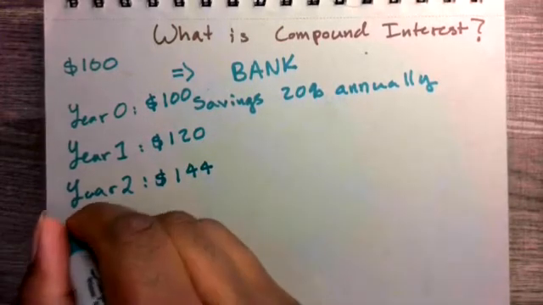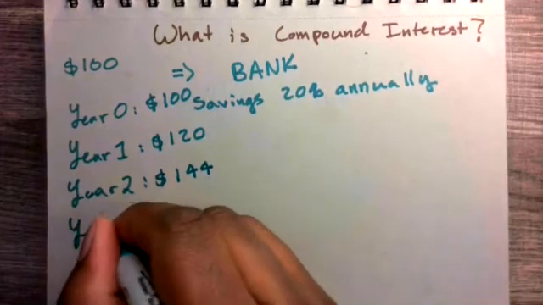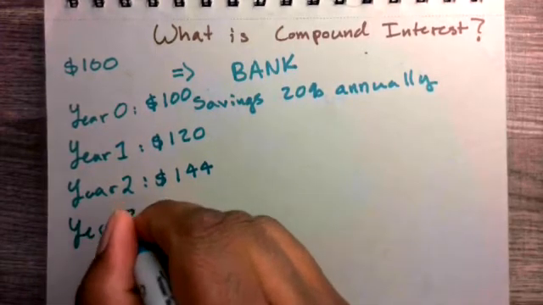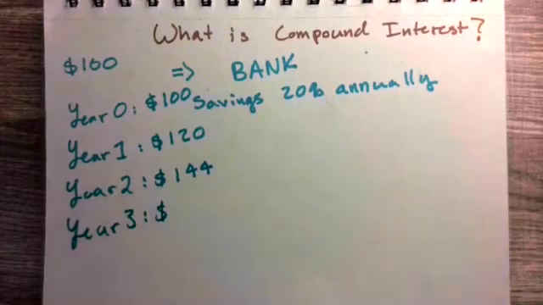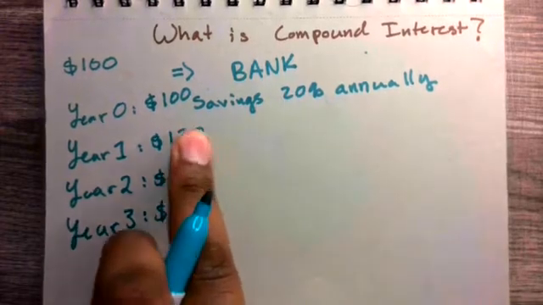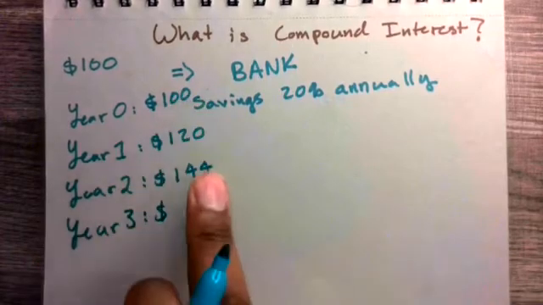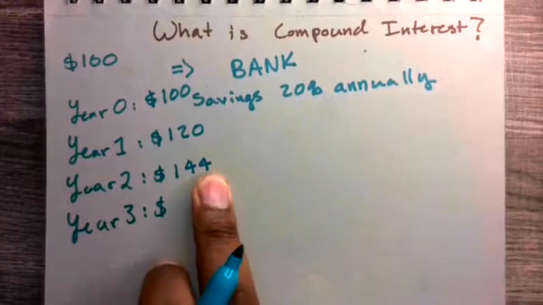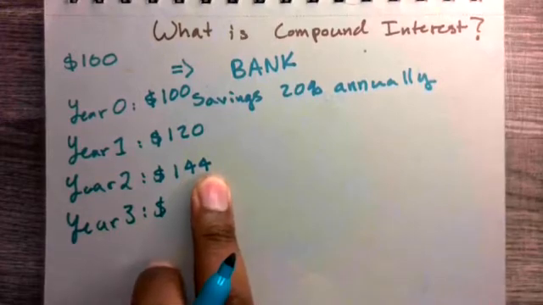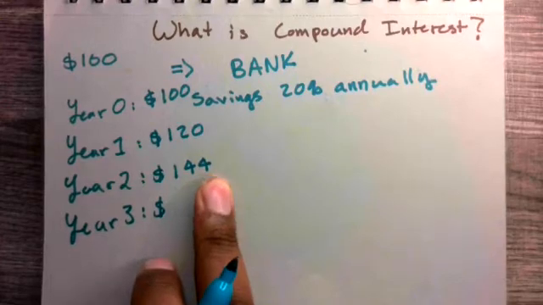And if I do it again and I don't touch it and I'm making 20% on my money, in year 3, I'm not going to do 20% of 120, not 20% of 100. I'm doing 20% of 144. And 20% of 144, you guessed it, is $28.80 basically.